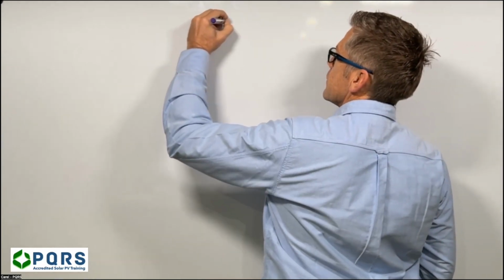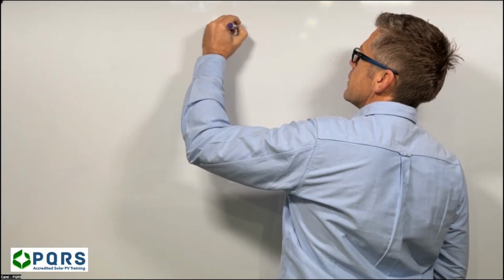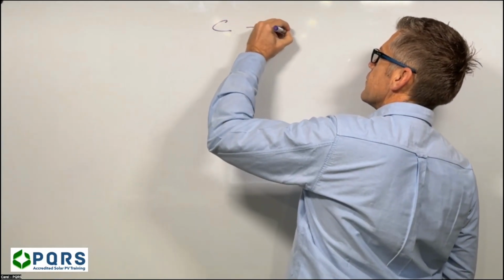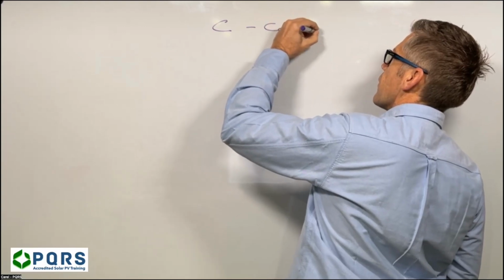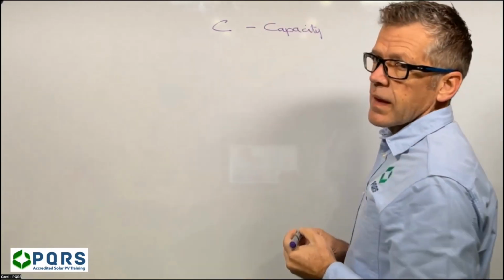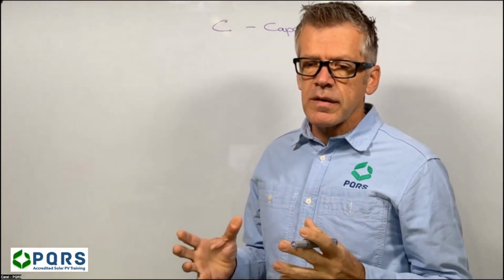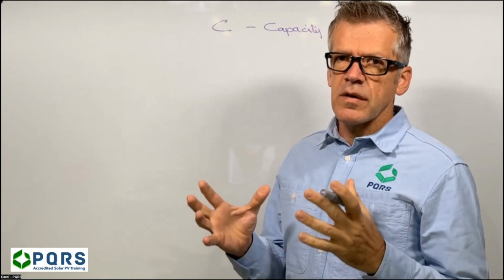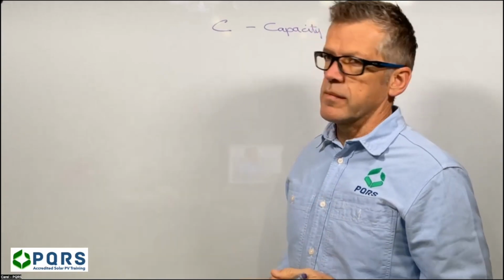Let's quickly take a look at what C ratings are. So let me explain it before we take a look at the data sheets. The C in C rating means capacity. The C rating explains the capacity of a battery over a specific period of time.